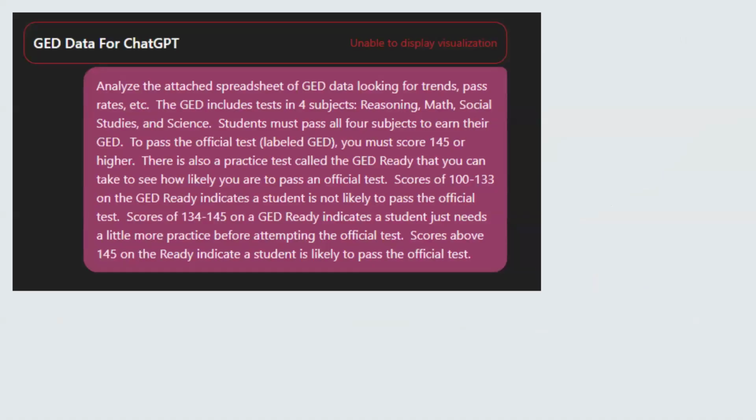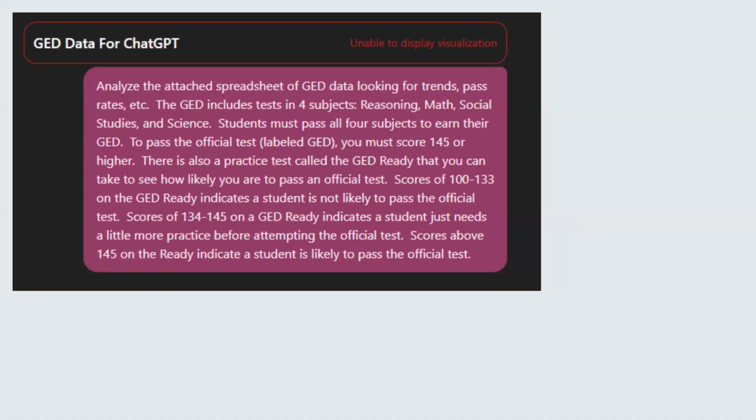So, my first try, I honestly didn't know what was going to happen. I didn't even know if this was a thing that would work. So I had that spreadsheet and I had it all scrubbed and cleaned and organized and I uploaded it into my ChatGPT. And as you can see, I have it clearly labeled GED data for ChatGPT. So I knew that I wasn't going to accidentally give it my key, right?